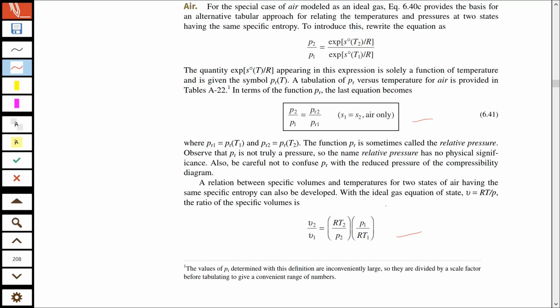There is only one thing here which you might find different. We had this s naught of T thing. I think this was some integral, if I remember correctly, and this was then tabulated for different temperatures.